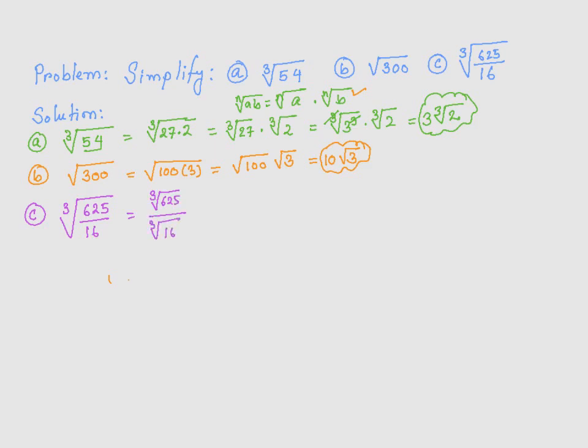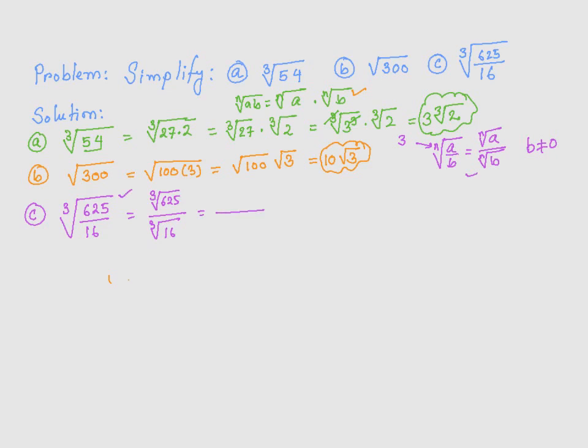The formula that I have used here is: nth root of A over B is equal to nth root of A divided by nth root of B, given that the denominator B is not equal to 0. In our particular example, this n value is 3. So using this formula, I have broken this down into 2. Now I could simplify it further.